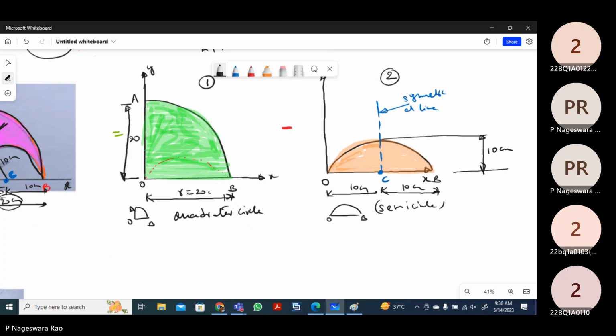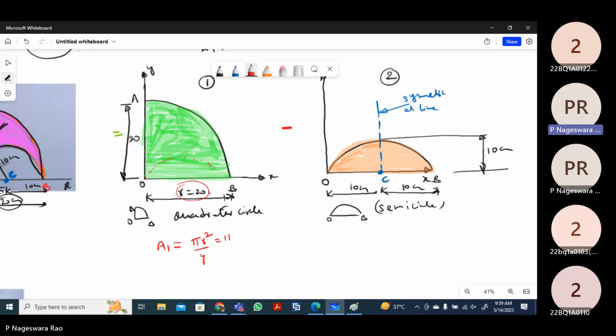Now, first of all, take the quarter circular shape. Area 1 is a quarter circle. What is the quarter circle area? Circular area is pi r squared, and a quarter circle is one quarter of this, so the formula is pi r squared by 4, where r is the radius of this quarter circle.